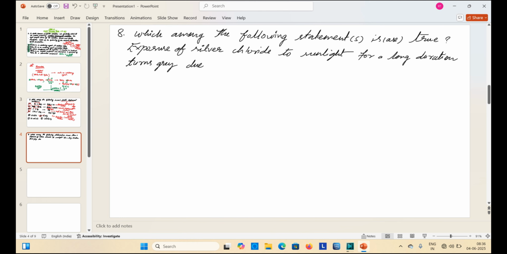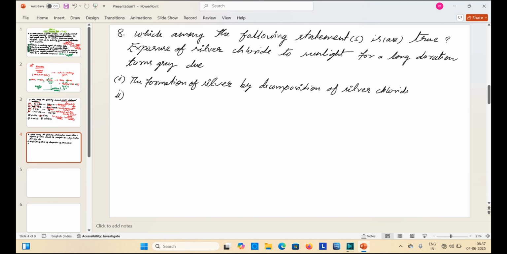First, the formation of silver by decomposition of silver chloride. Second, sublimation of silver chloride.